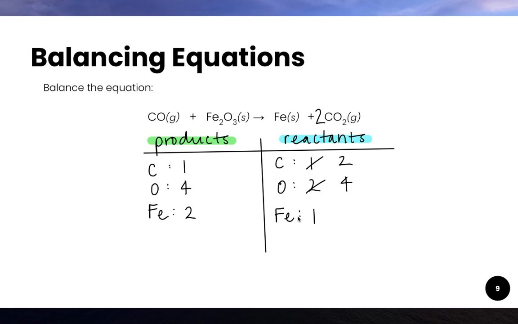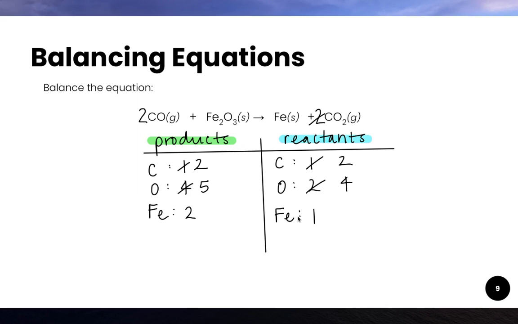So now we need to put a 2 in front of carbon monoxide. And that will change the number of oxygens we have to 5. So those are not the right coefficients. In order to balance the carbons and oxygens, let's just try going up by 1.